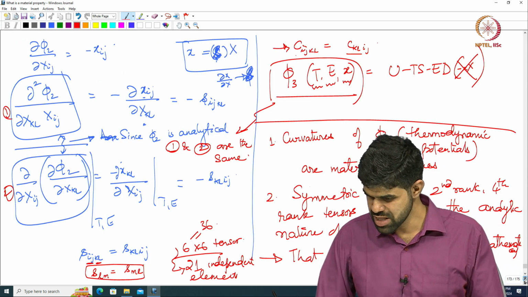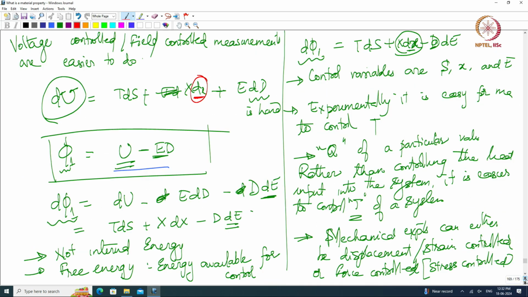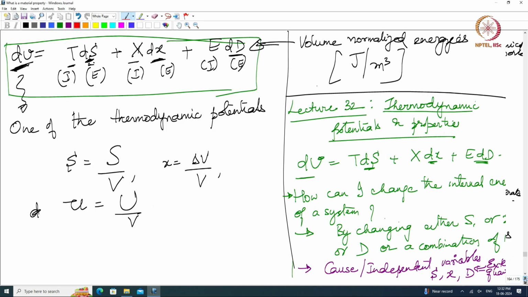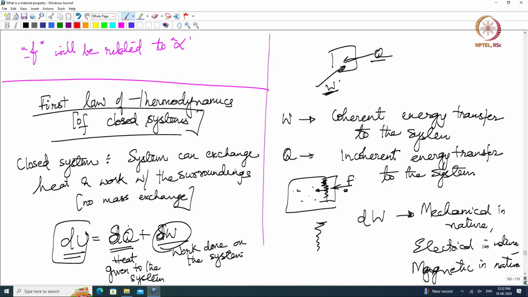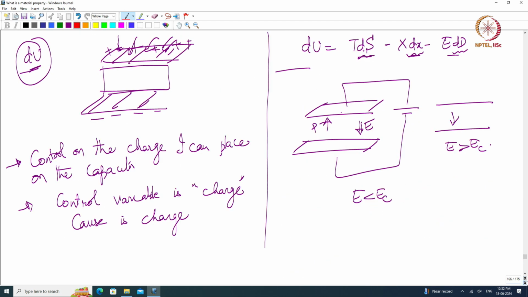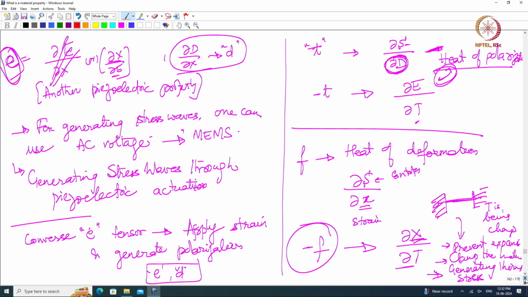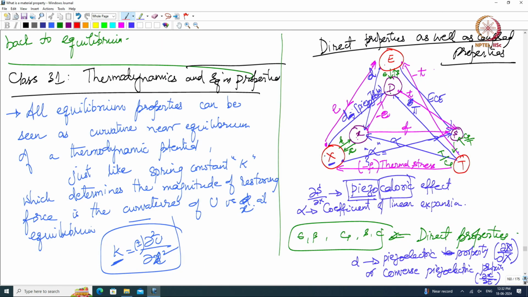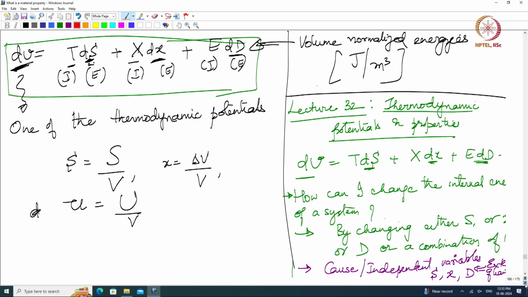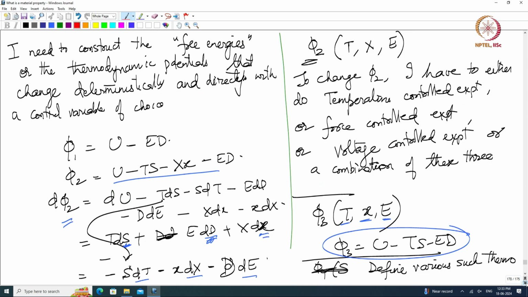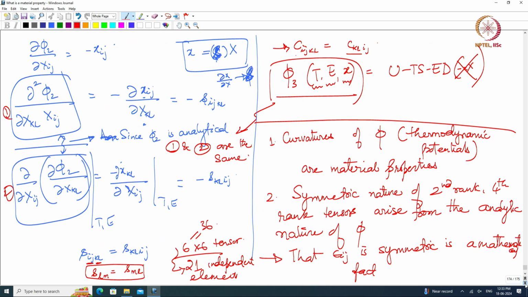If you look at the triangle again, if we go back a couple of classes ago, sorry, I have to go back. Yeah, here in this triangle, right. So there is a Cp by T and there is a T by Cp, right. So both of them arise as some sort of thermodynamic property. Okay. So which potential do you consider is the thing?